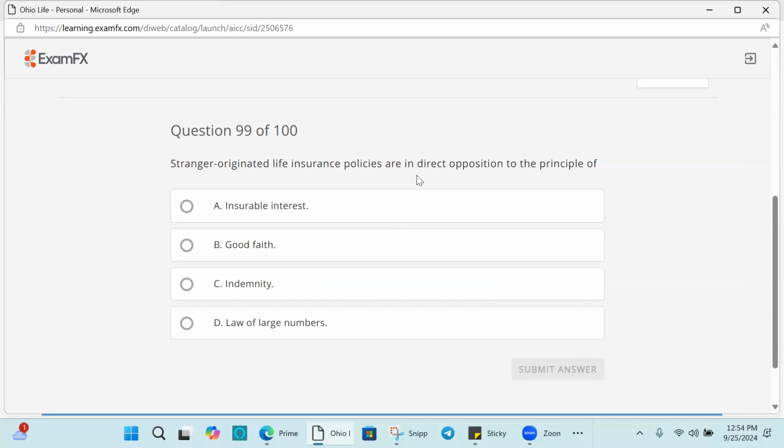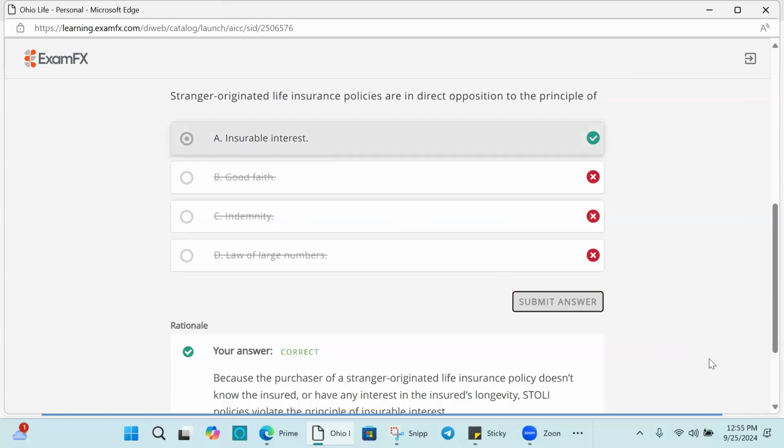Like your neighbor down the street who looks after your kids and doesn't charge you anything. You would love to be able to insure her, but you have no legal insurable interest in her. So she would be considered a stranger in terms of life insurance. And in direct opposition, you see that? To the principle of... Oh, it's A then. It is A, yes.